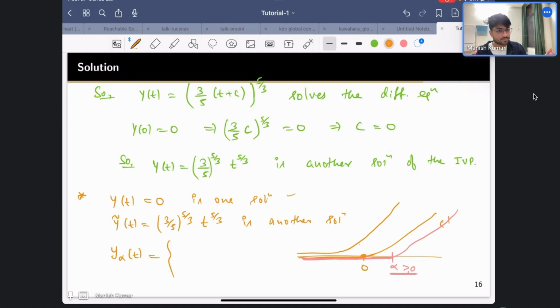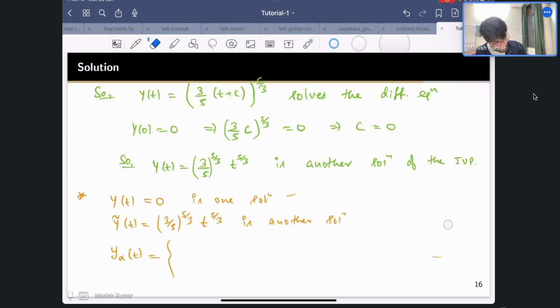So you can define, for alpha greater than 0, y_alpha(t) to be 0 if t is less than or equal to alpha, and after that 3 by 5 (t minus alpha) to the power 5 by 3 if t is greater than or equal to alpha, where alpha is greater than 0.